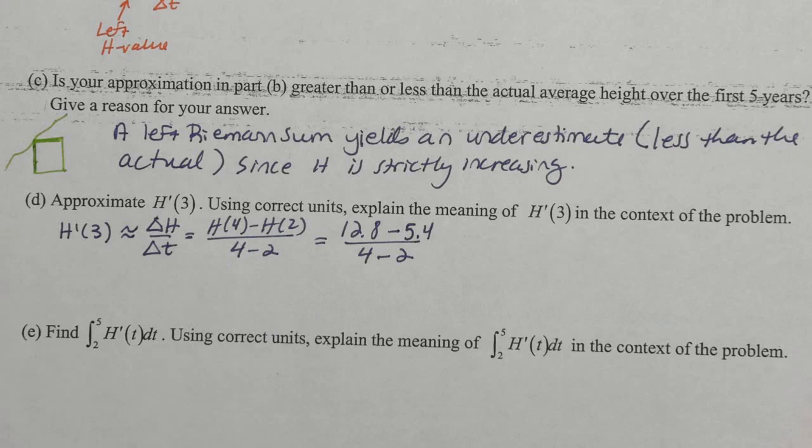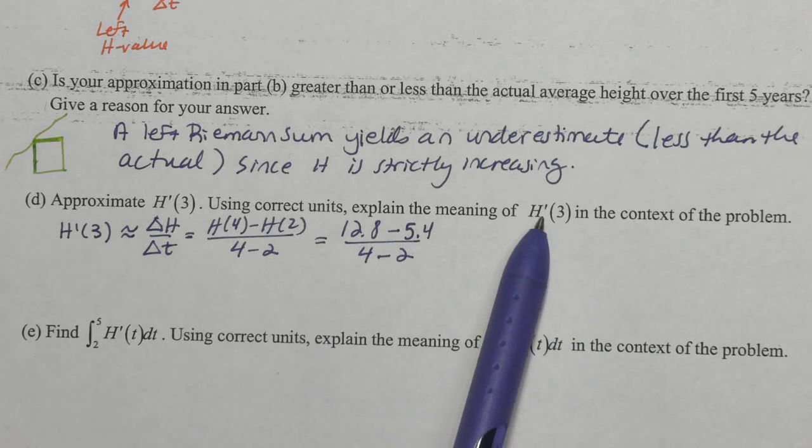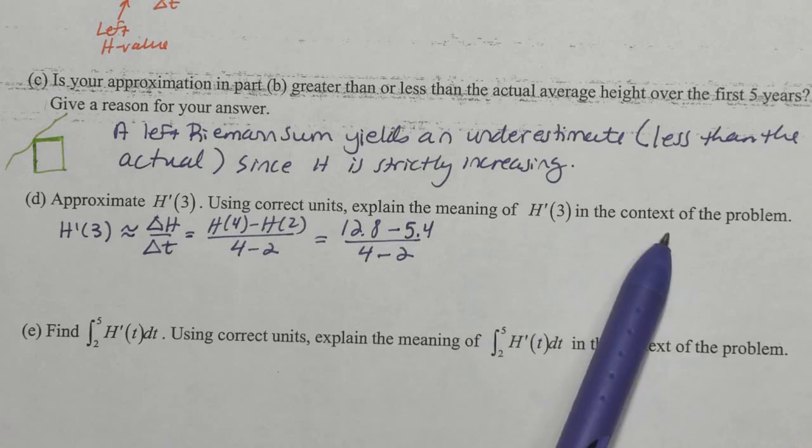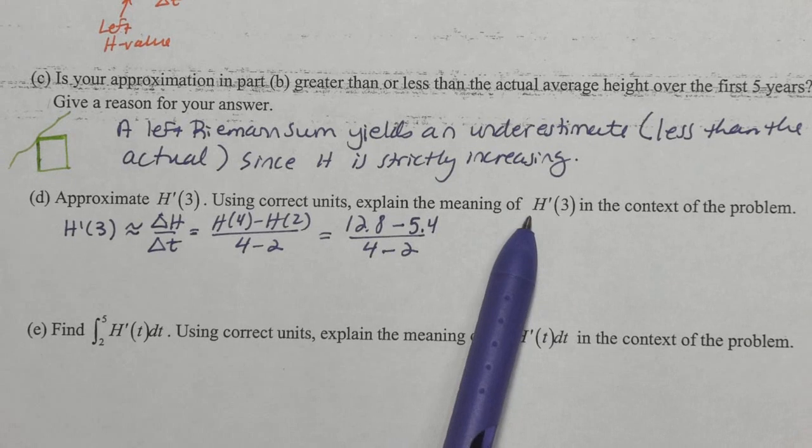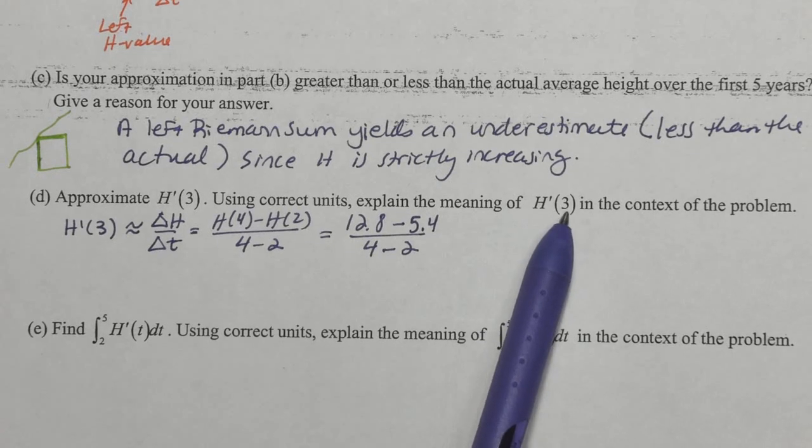Now we're going to, using correct units, explain the meaning of h prime of 3 in the context of the problem. A derivative is always, always, always a rate of change in a context. Okay, it's the rate of change of h at time 3.